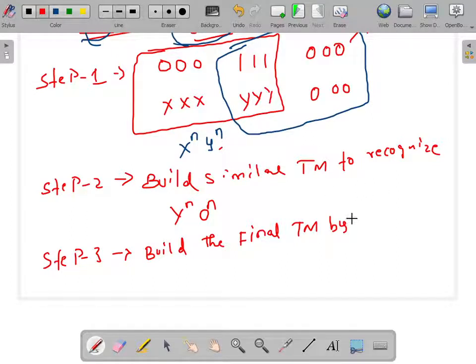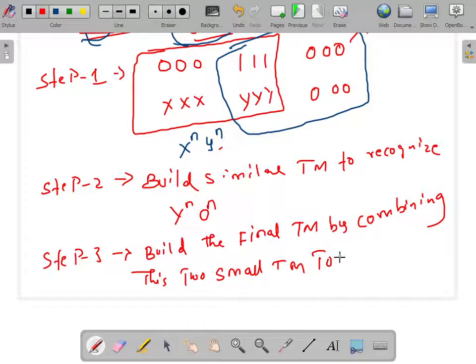So build the TM by combining these two small Turing machines together into one large Turing machine.